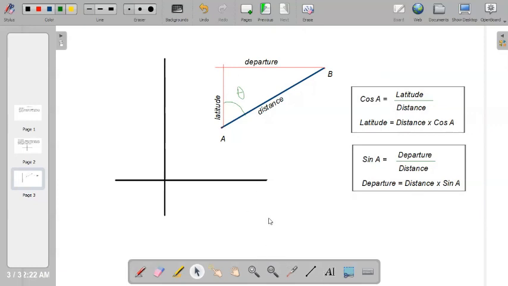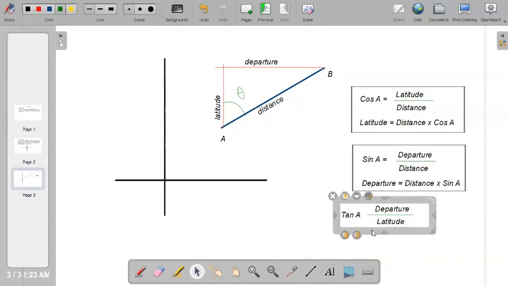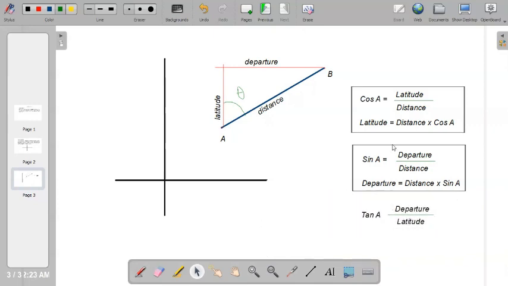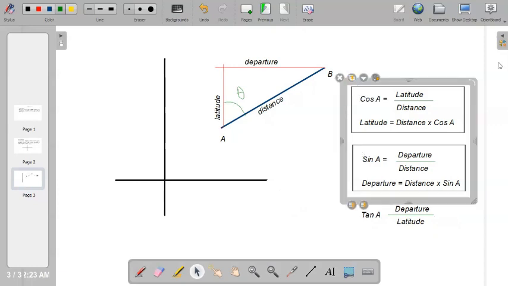The tangent of angle A is simply equal to departure over latitude. So these are the basic information about traverse.